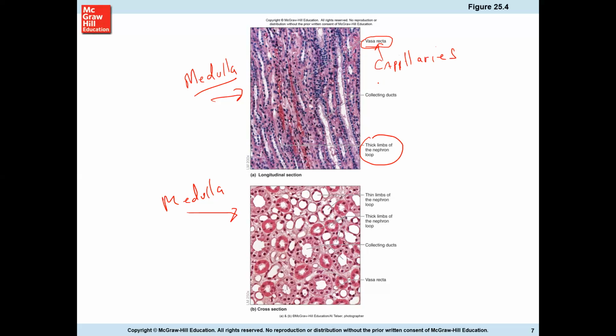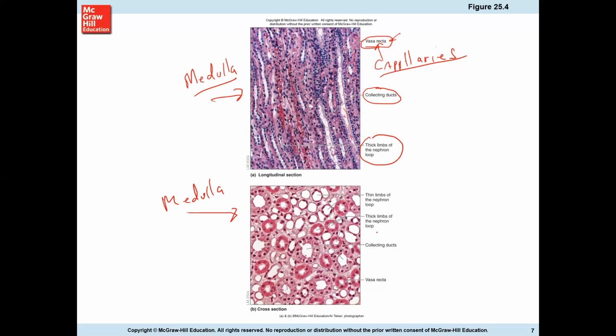Because those are the ones that go into the medulla. And here's the collecting ducts, which is the end of the nephron, going towards the minor calyx, or renal papilla first, and renal papilla duct to the minor calyx, major calyx. So vasa recta is the capillaries that surround the loop of Henle, or nephron loop.